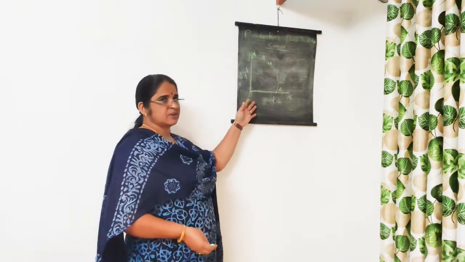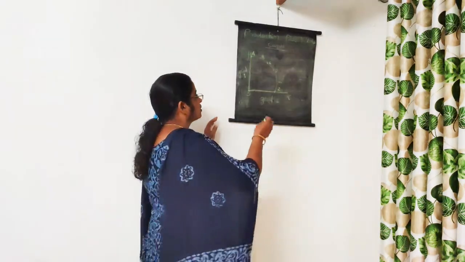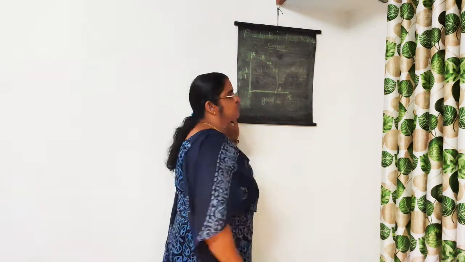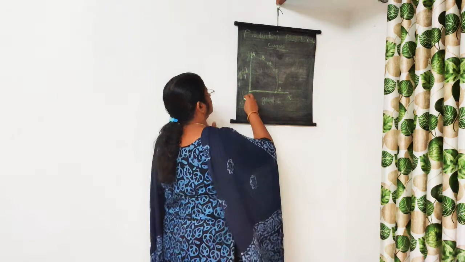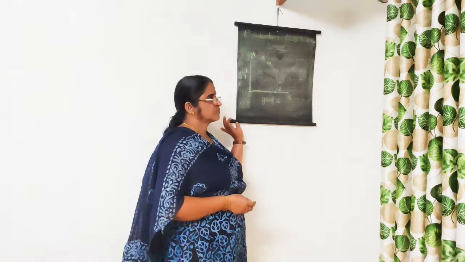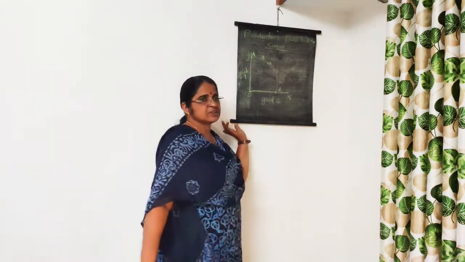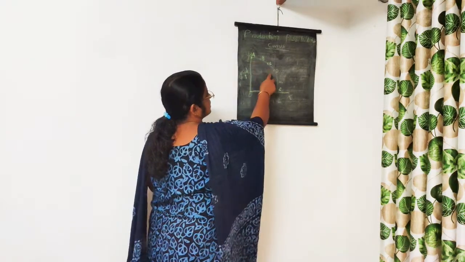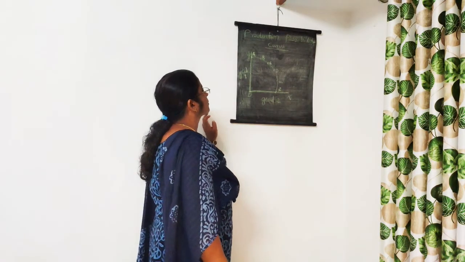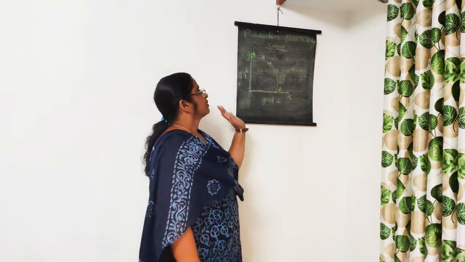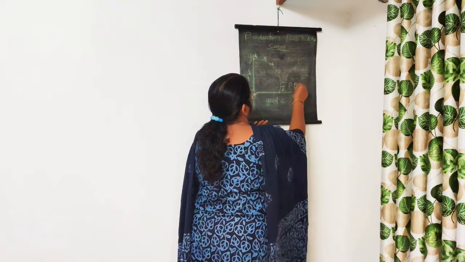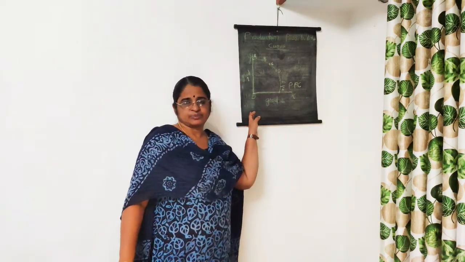Look at this diagram. On the OX axis, the value of good 2 is measured, and on the OY axis, good 1 is measured. The different possibilities are A, B, C, D, E, and F. This curve is known as production possibility curve or PPC curve.